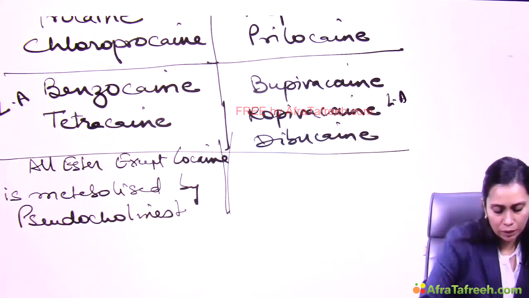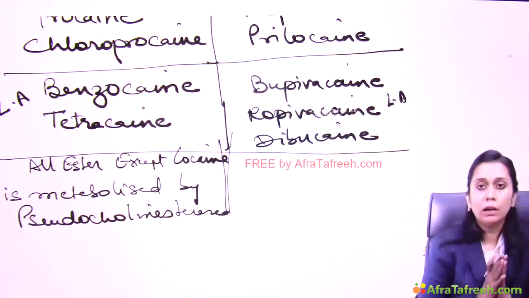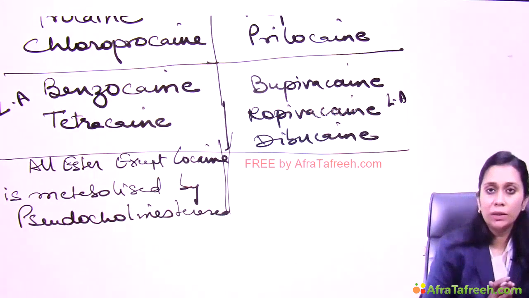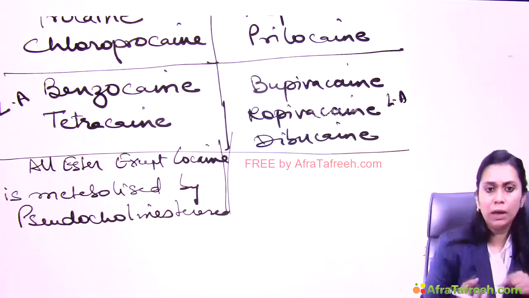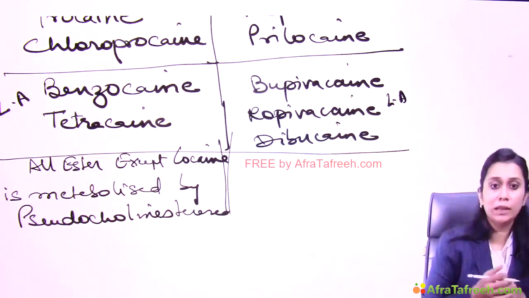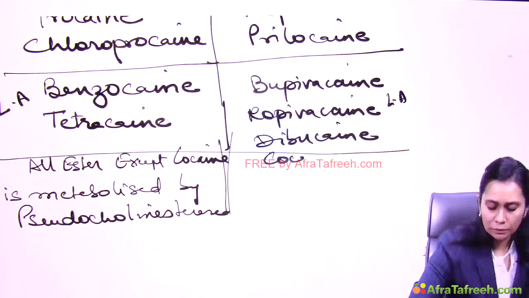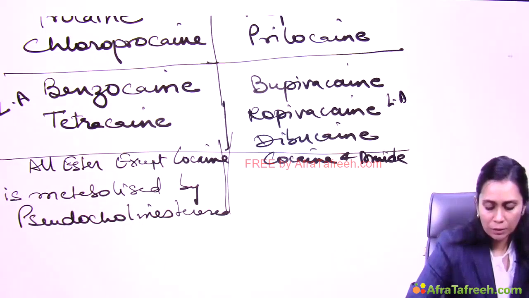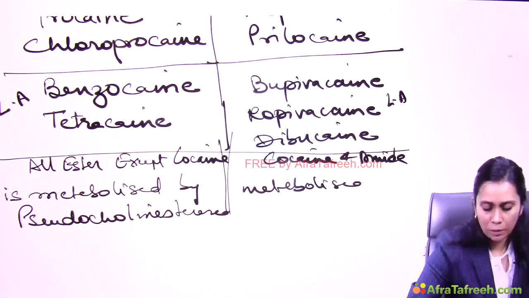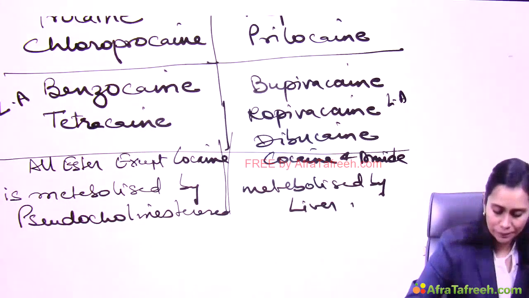Guys, I talked about pseudocholinesterase, that it metabolizes succinylcholine, mivacurium, and now ester local anesthetics except cocaine. Cocaine and amides are metabolized by the liver, hepatic metabolism. Got it?